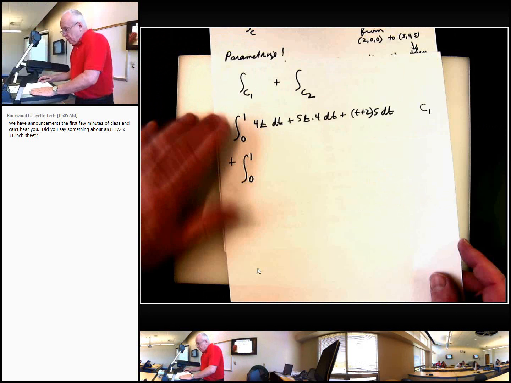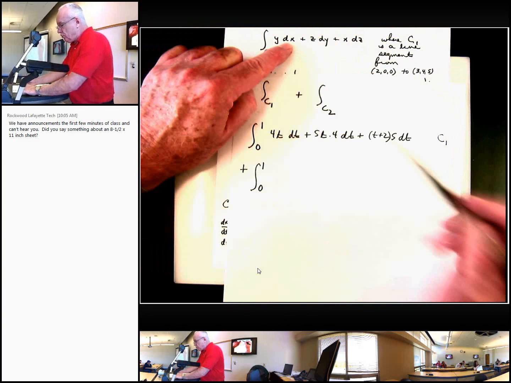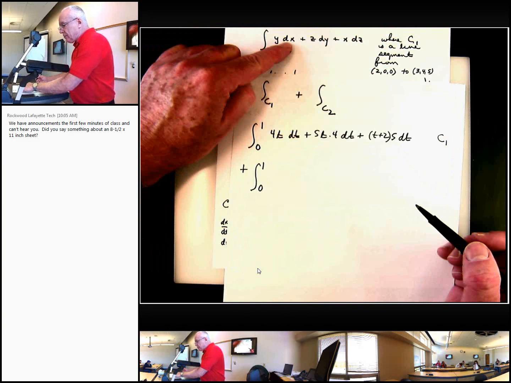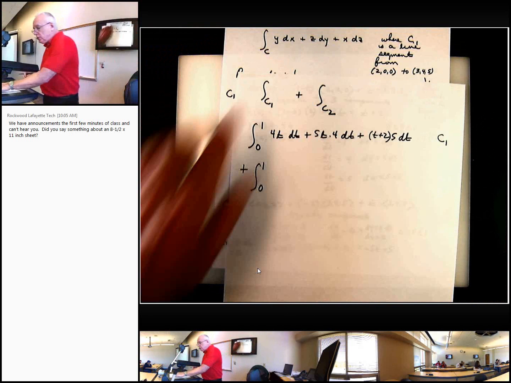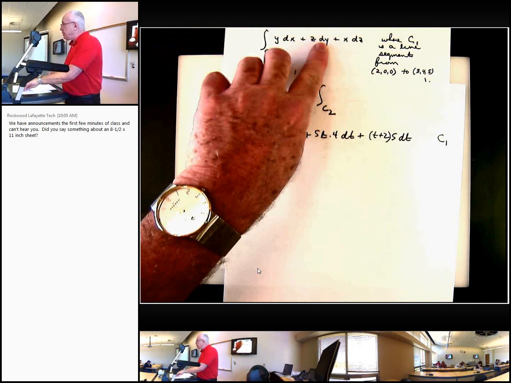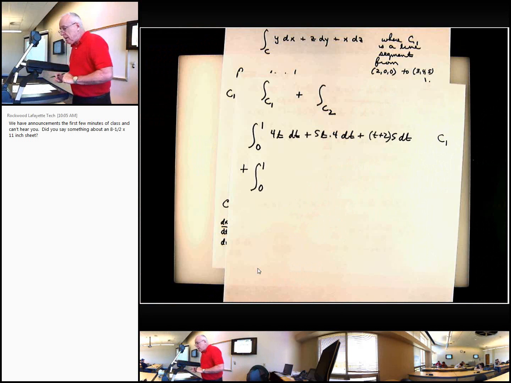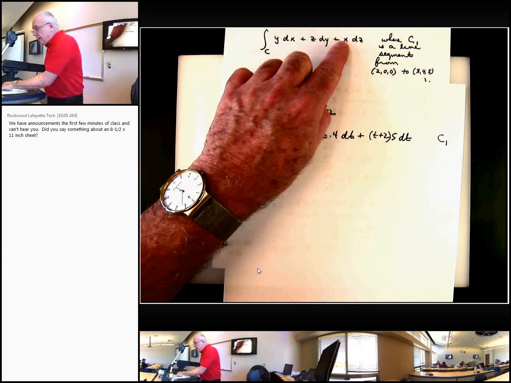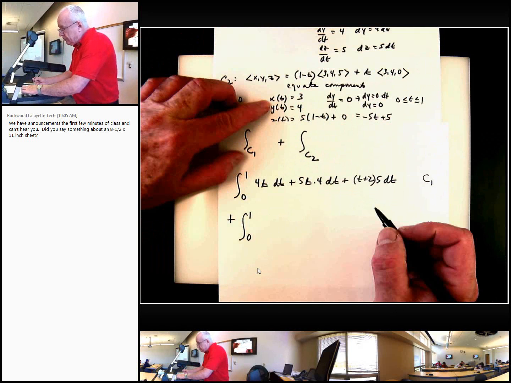Okay, so if we go back up, for our first two, this one has a dx, this one has a dy. For the second curve, they're both equal to 0. So these two components will not come into play with this particular curve. All I'm going to have left for this curve is x times dz. So what is x here? x is equal to 3.